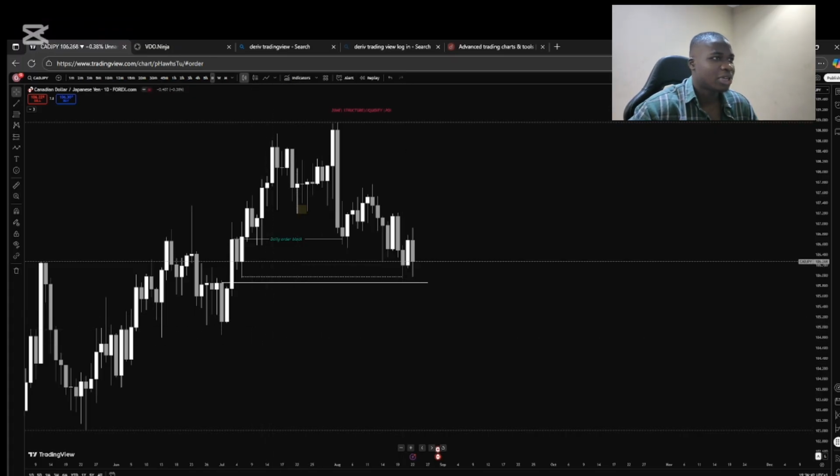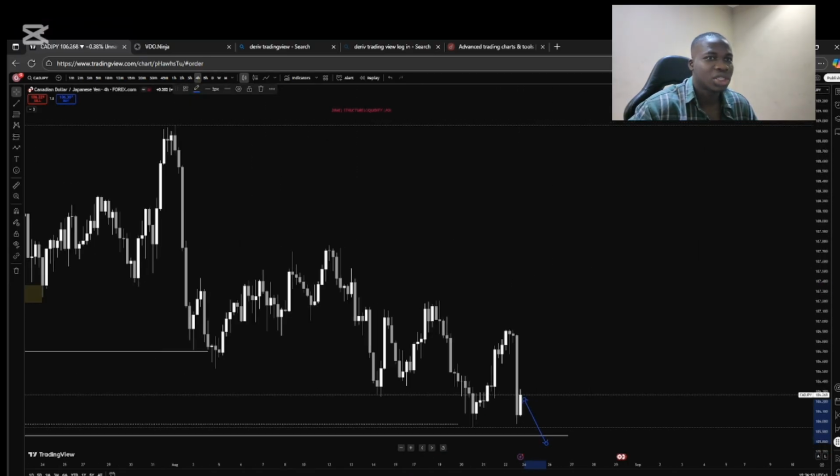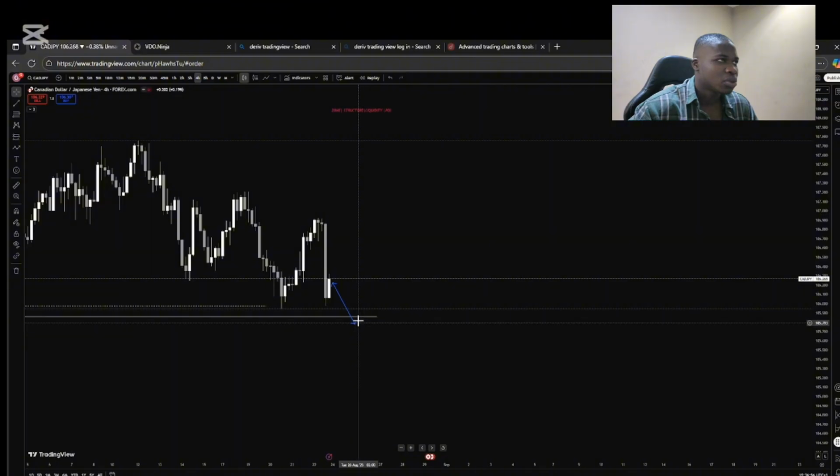So what I'm expecting is price to come down on a Monday morning, tap into this unmitigated order block. After tapping into it, I want to see some sort of structural change on the lower time frame.